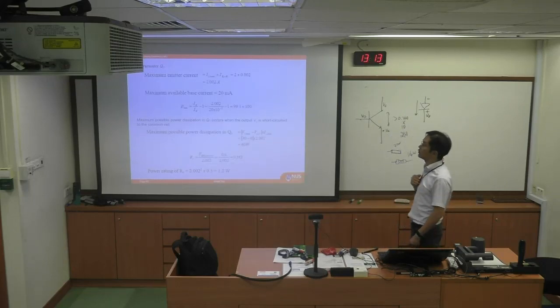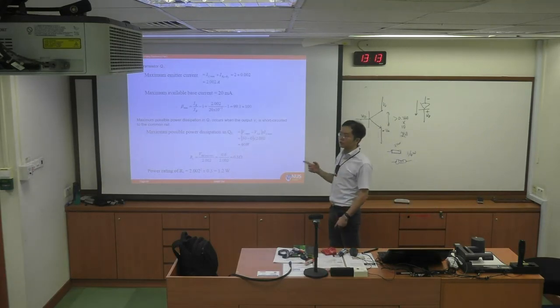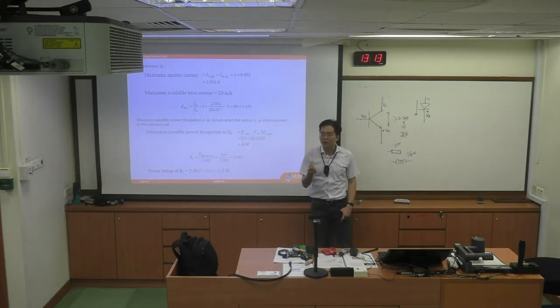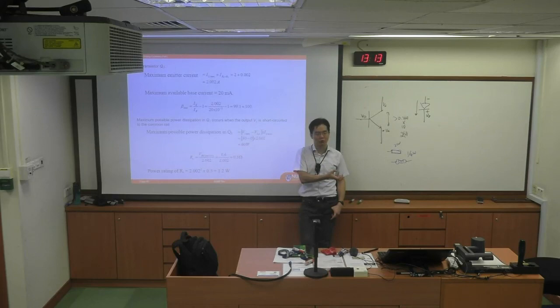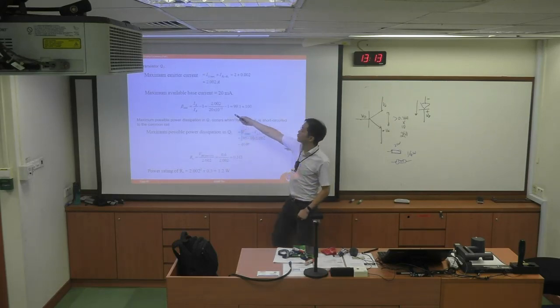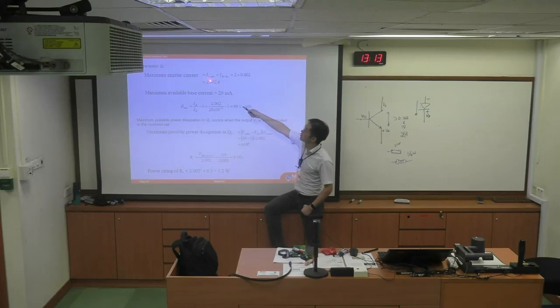For the transistor, we also need to look at the power rating of the transistors because we need to decide whether the nominal black plastic covered BJT can be used or an aluminum casing power BJT is needed. If it is a MOSFET, should I use the small MOSFET or a power MOSFET? You have to determine it by checking the power rating. For Q1, the maximum emitter current is 2 amp, because 2 amp plus 2 milliamp is about 2 amp.